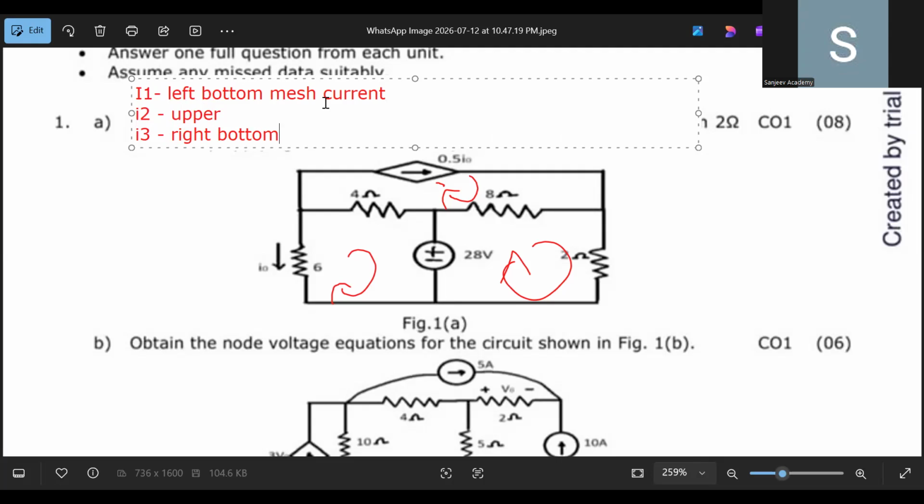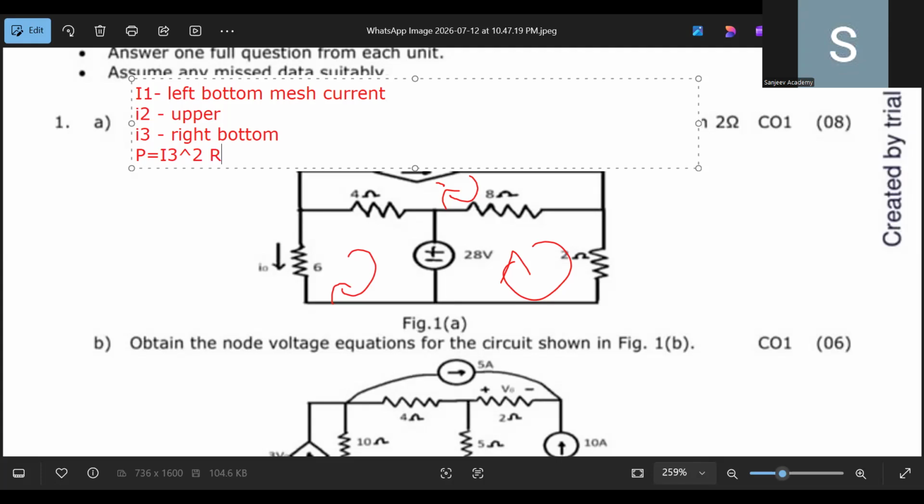So the logic here is, the question is what is the power dissipated through the 2 ohm, right? So power P is equal to what? VI, voltage into current. Power is I square R, the formula. So I3 square R. So we have to find our I3.